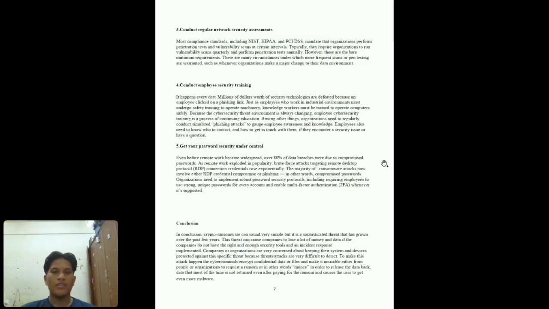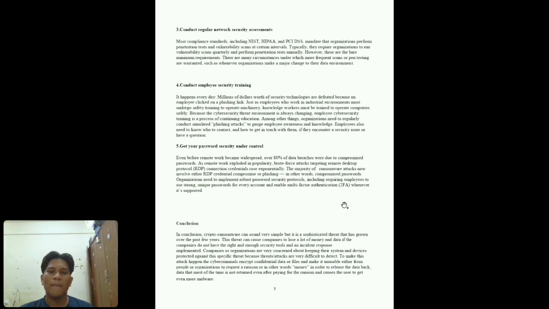Third is to conduct regular network security assessments. Most compliance standards, including NIST, HIPAA, and PCI-DSS, mandate that organizations perform penetration tests and vulnerability scans at certain intervals.